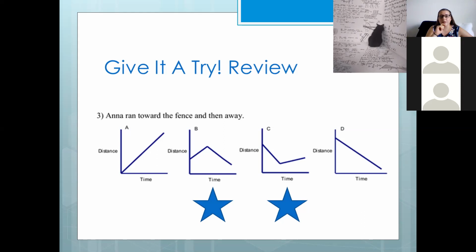If the fence is your reference point, and Anna runs towards the fence and then away, then C would be correct, right? Running toward the fence means running toward the origin point, the point of reference, and then away. But if Anna's starting point is your point of reference, then B could also be valid. There is a case for both.